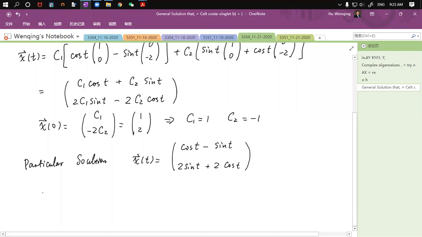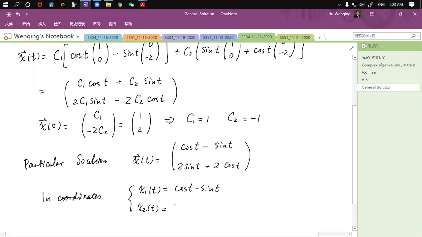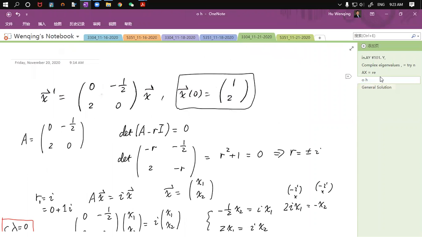So in coordinates, x1 of t is equal to cosine of t minus the sine of t, and the second component, x2 of t, is 2 times the sine t plus 2 times the cosine t. Is that good for everybody? Okay, so that's what happens in this complex eigenvalue problem, and it is the standard procedure for how you are going to solve it. Is that good for everybody?